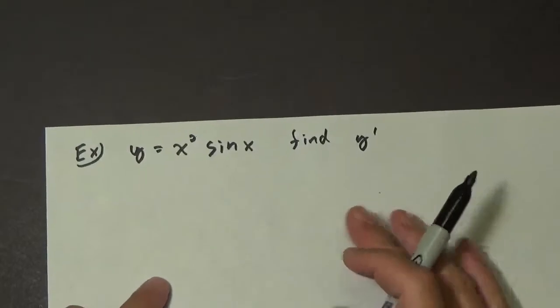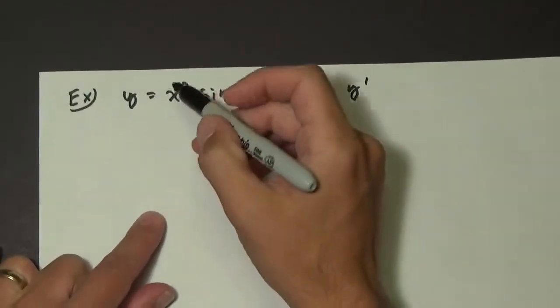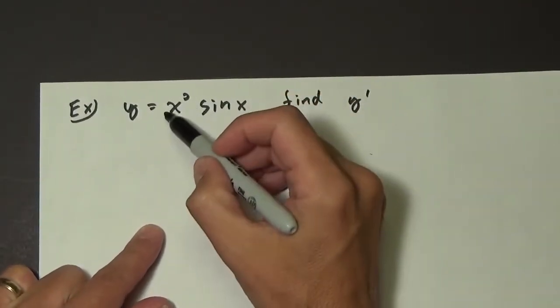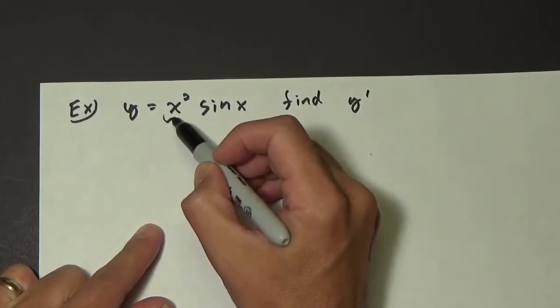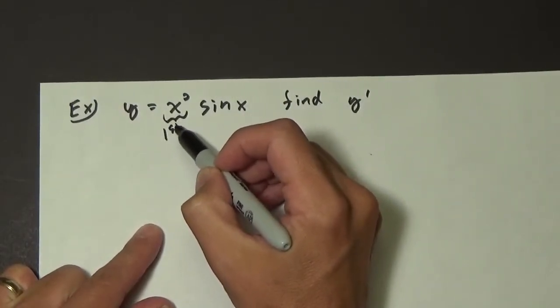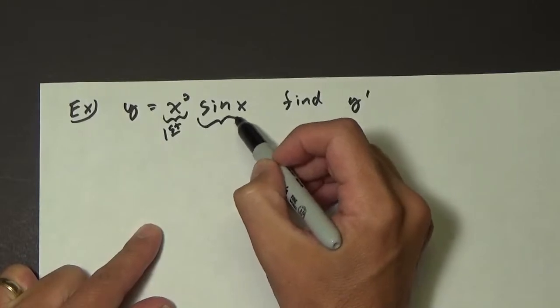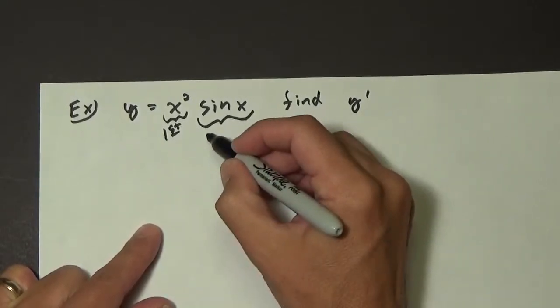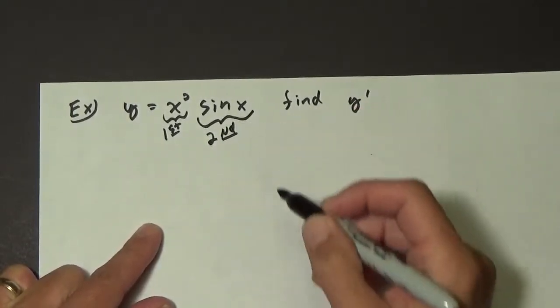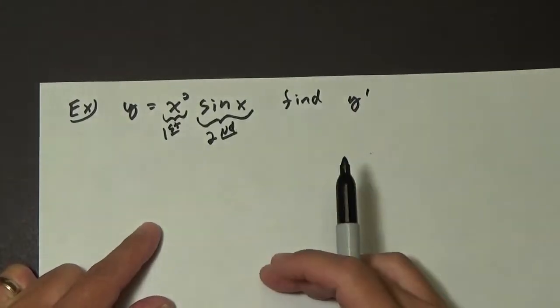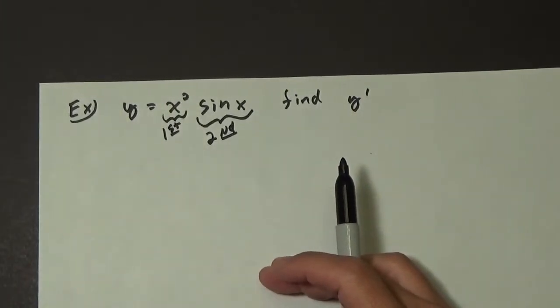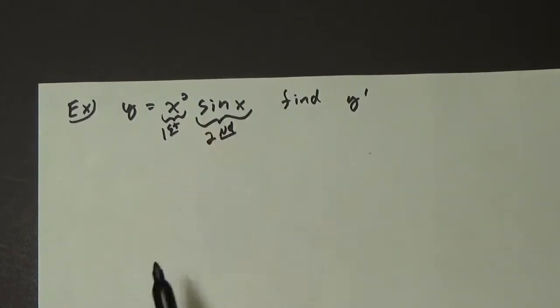Okay, so let's go ahead and use our rule. This is x squared, so I'm going to call this my first, and the sine of x is my second. And you don't have to identify which is first or second, I'm just doing it for this first example. After this, we'll never do that part.